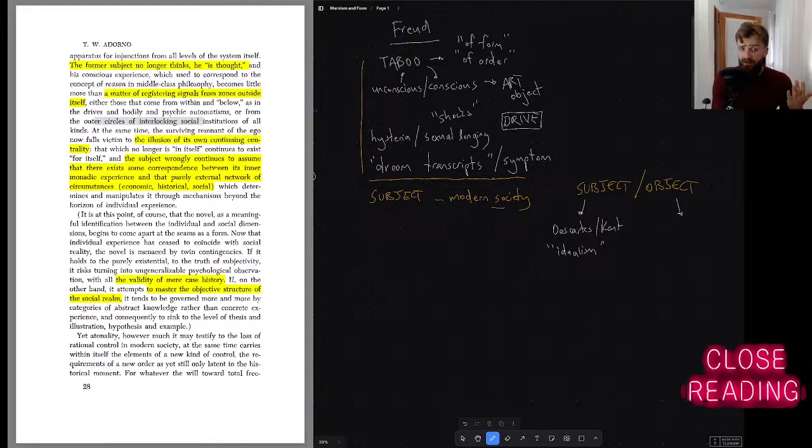The object, if the subject is associated with a tradition called idealism, then the object is associated with a tradition called materialism, right? And the materialist, a certain kind of crude materialist tradition, would insist that the subject, as in the thoughts that we produce as individuals, are not actually of our own making in some strict way.